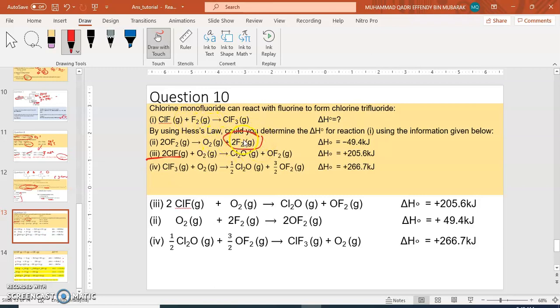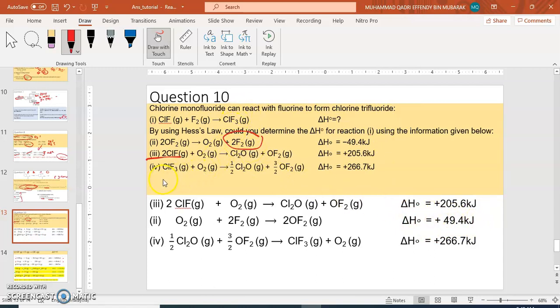However, the F2 is on the right hand side, whereas here it is on the left hand side. So what I need to do is invert this equation. That's why we will have O2 gas plus 2F2 gas. We produce 2F2 gas, so we just inverted. Now this one is negative 49.4, and when we invert, it will be positive 49.4 kilojoule.